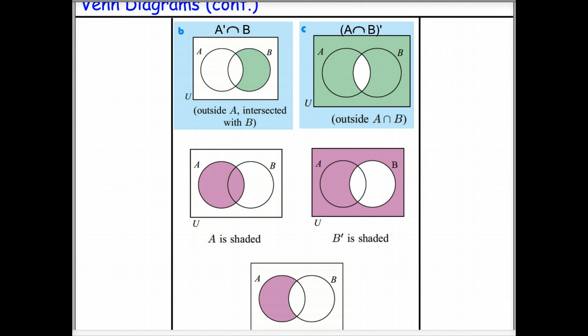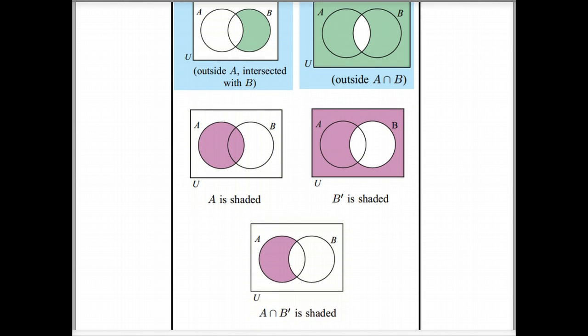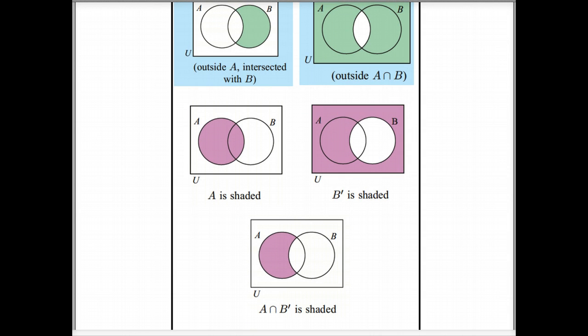So everything but the overlap. The next one, A is shaded, that would just be noted as A. B complement is everything but what's in B. And the fifth one, which is another complement, is A intersected with the complement of B, which is the vice versa of the first one listed.